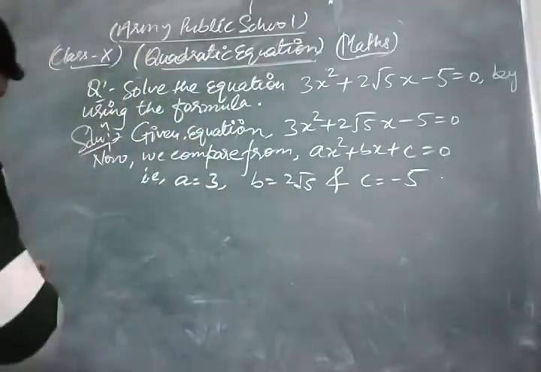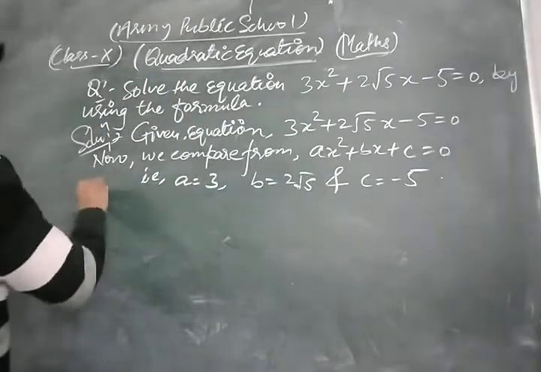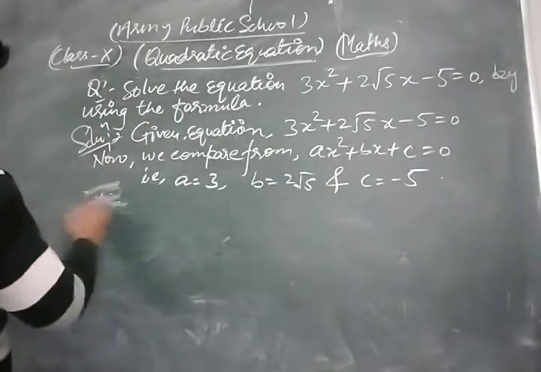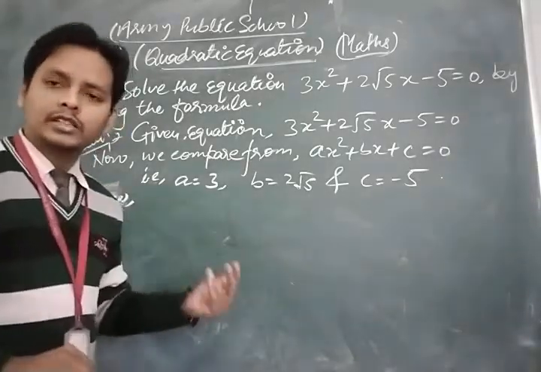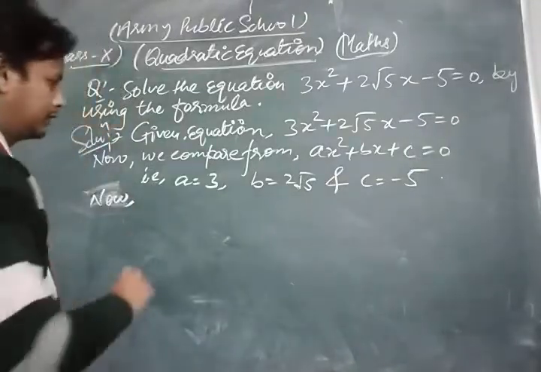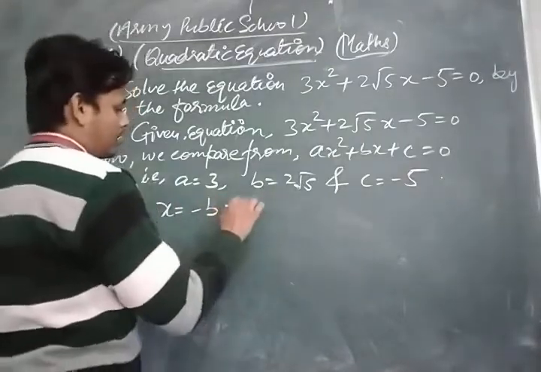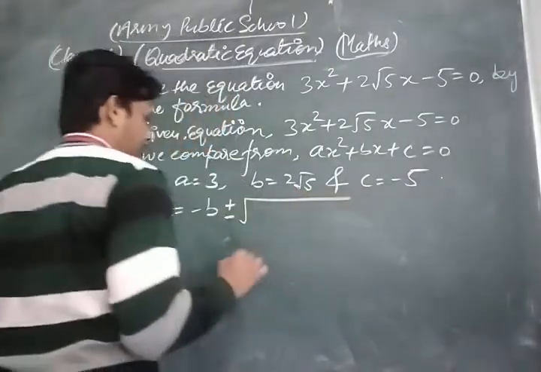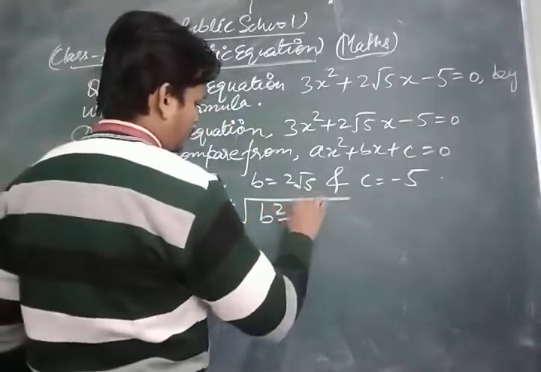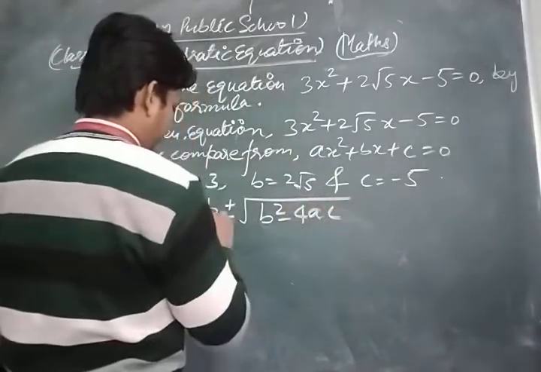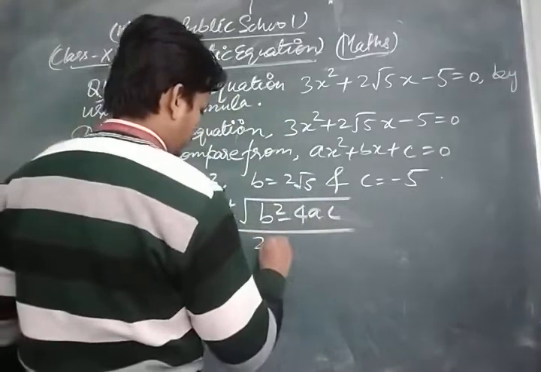Now we solve the given equation by the formula. We apply the formula, and what is the formula? We just discussed that formula. For x, it is minus b plus minus under root b square minus 4ac upon 2a.